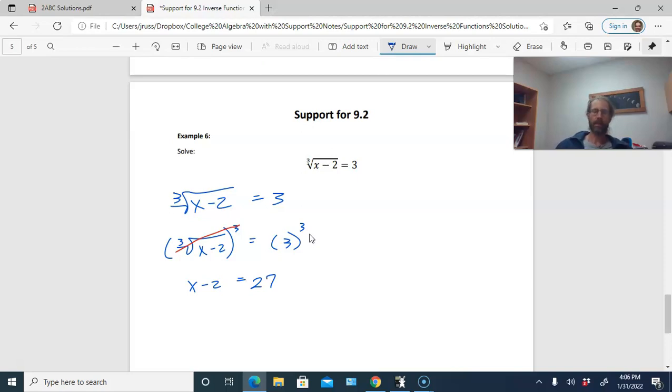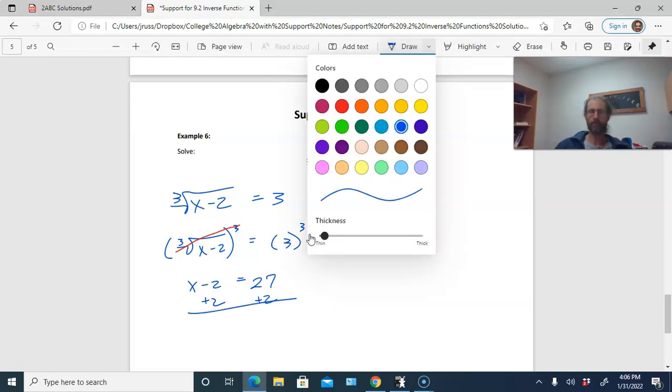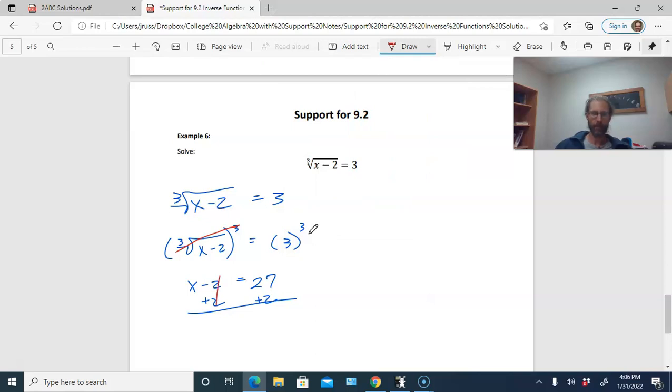And the last step here, to isolate for x, we're going to need to add 2 to both sides. So we'll be left with x is equal to 27 plus 2, which is 29. I know this is the solution. I don't need to check it again because this is not a square root, but a cube root.